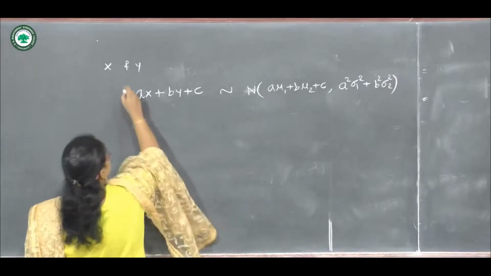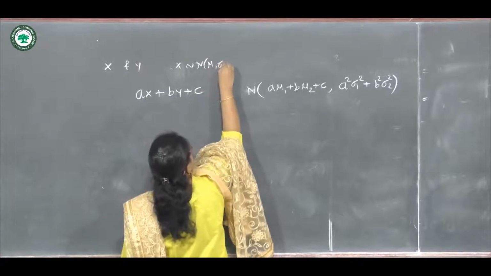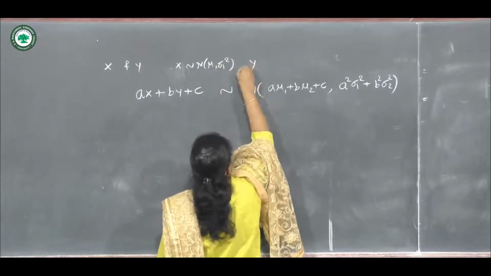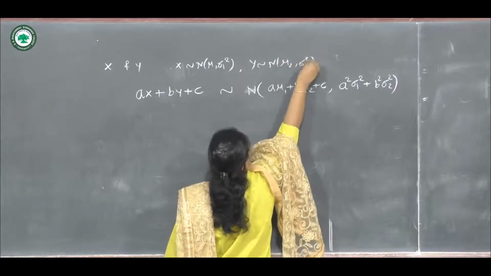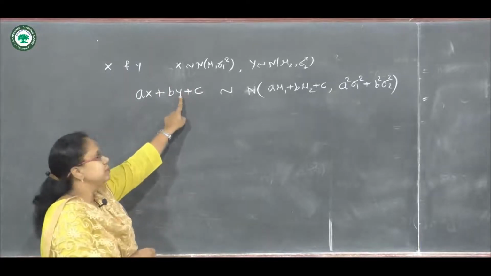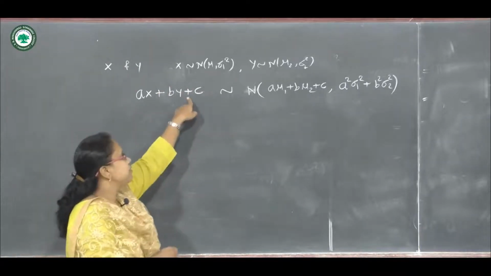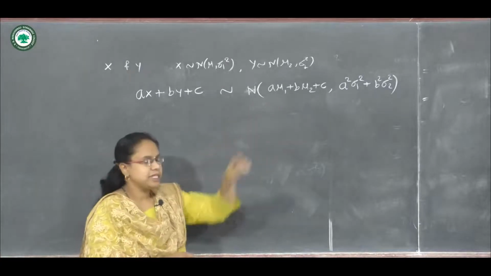Here we are given that x follows normal mu1 sigma 1 square and y follows normal mu2 sigma 2 square. So this is the given information and we can prove this result. So ax plus by plus c will follow a normal distribution with these parameters.